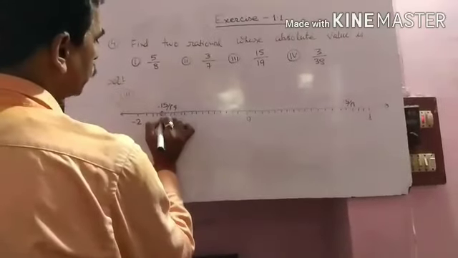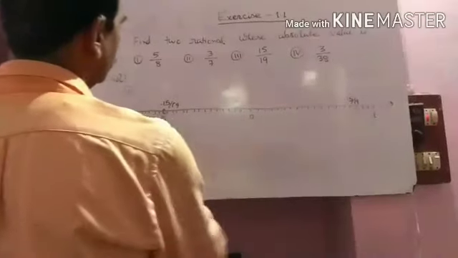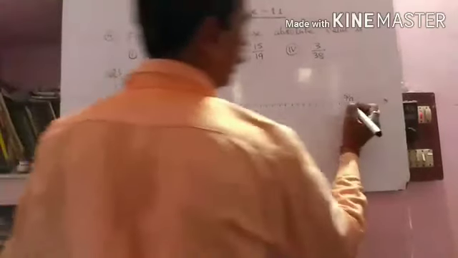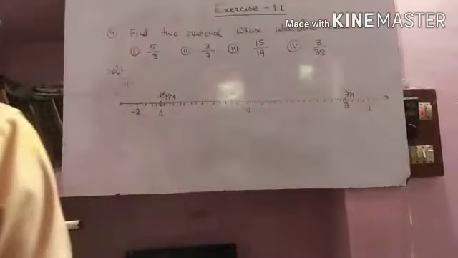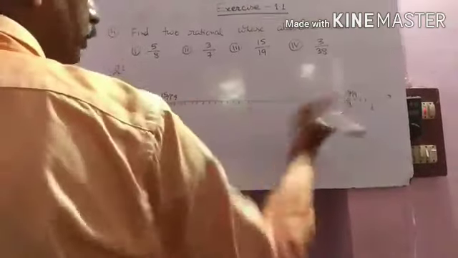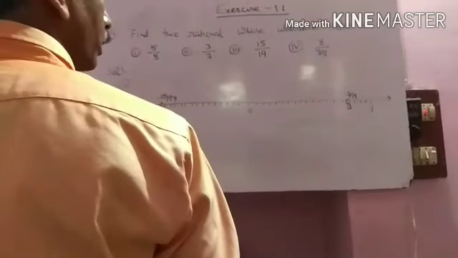So this one, suppose this represents B, this represents A. Okay? First of all, draw this line and put marks on the line like this.